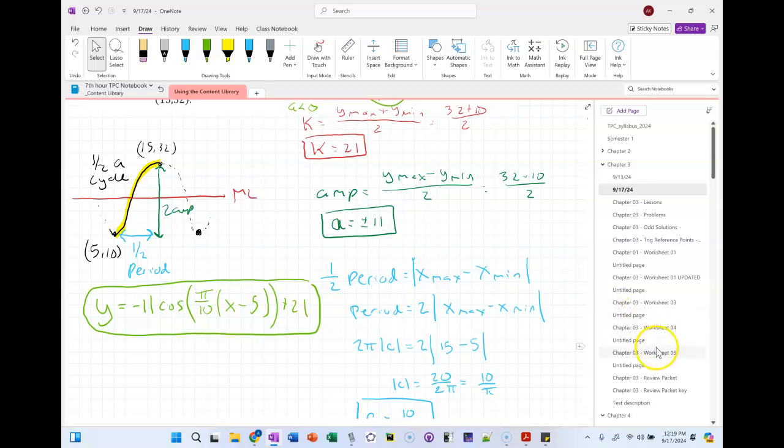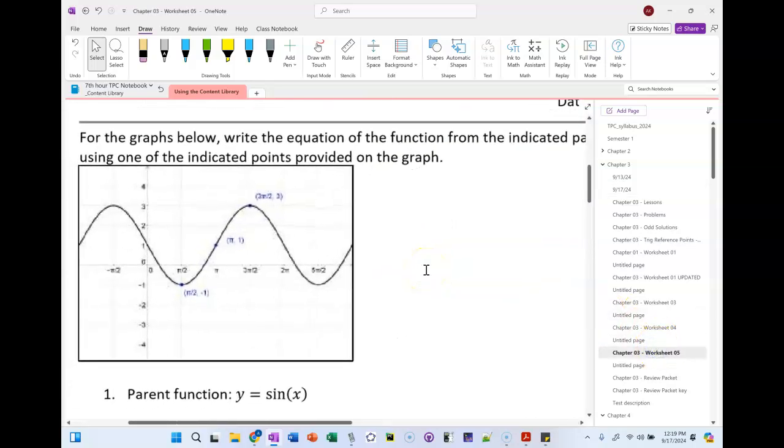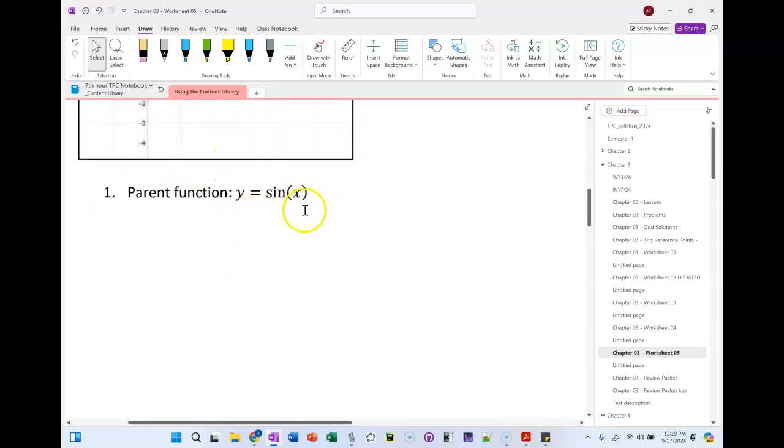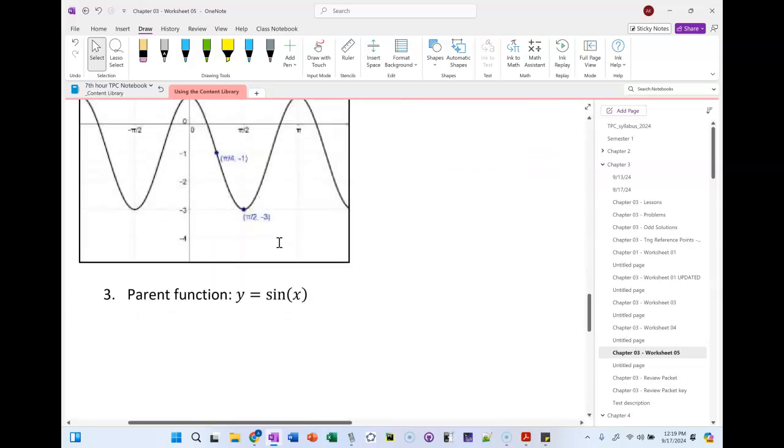After that, you should look at worksheet 5, which is going from graph to equation. In worksheet 5, I give you points labeled on the graph and ask you to write your answer with sine and then also with cosine. And I have 2 graphs for you to do that with. That's all of worksheet 5.